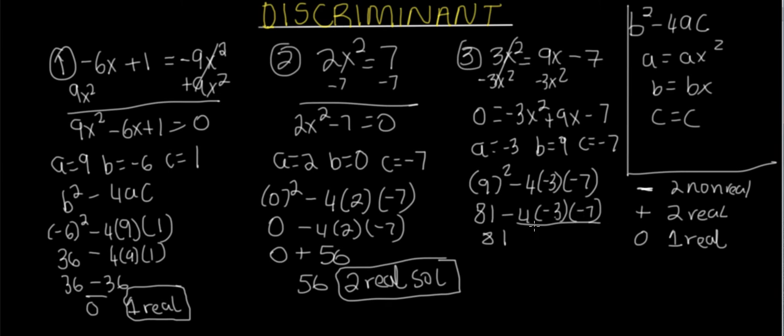I have 3 negatives, so I know it's going to be a negative, but negative 4 times negative 3 is negative 12. No, it's positive 12. Negative and negative is a positive. So positive 12 times negative 7 is a negative 84. Now we can subtract. 81 minus 84 is going to be a negative 3. Because it's negative, I know I can expect to have 2 non-real solutions.